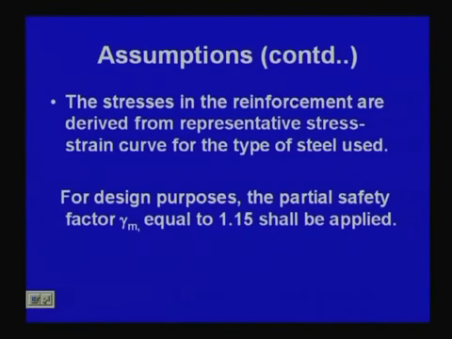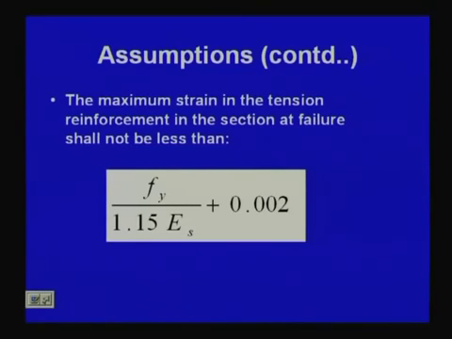We never take the ultimate limit for our design calculation. The maximum strain in the tension reinforcement in the section at failure shall not be less than fy by 1.15 Es plus 0.002.